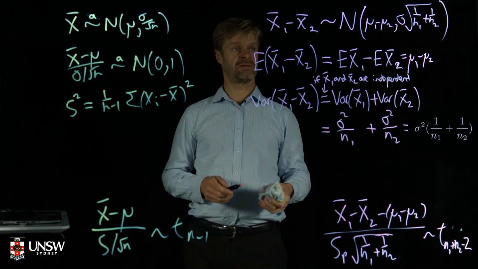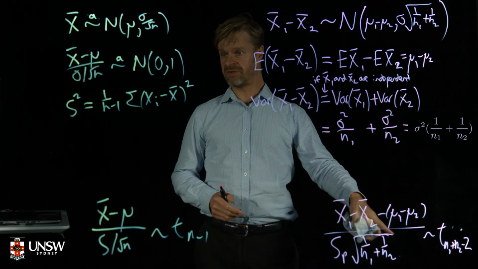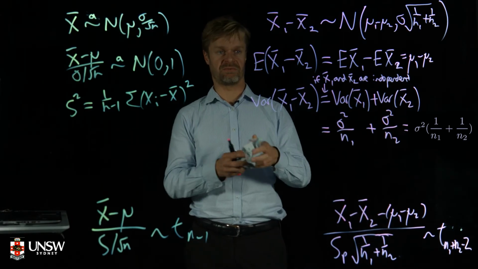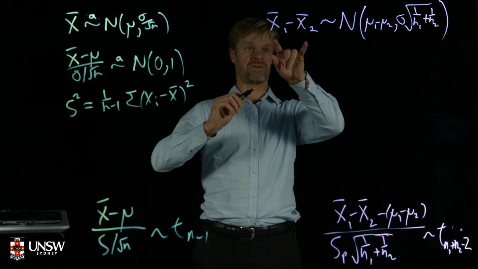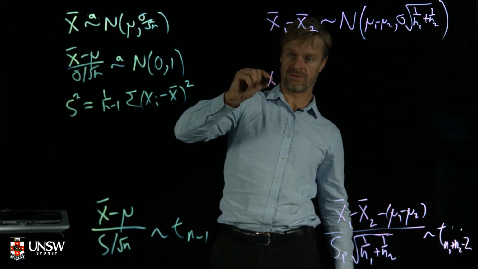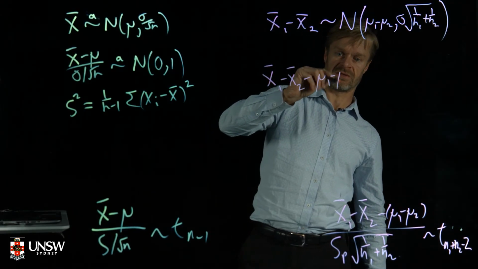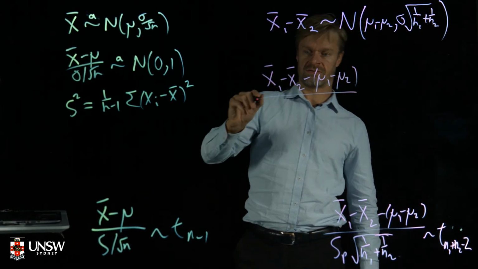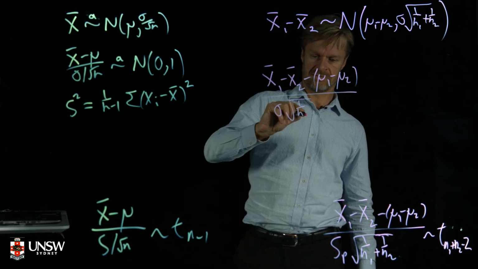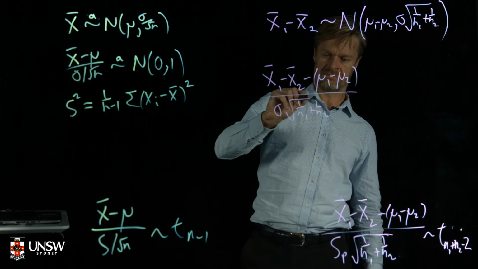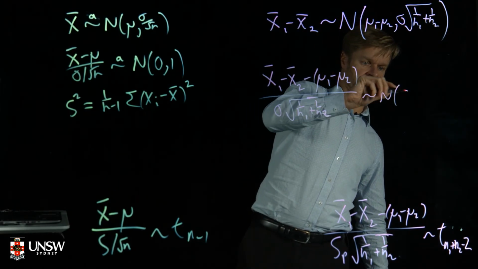So we got to this point. We're not quite at that point there. We can use the same arguments as before. So first of all, we standardize. So if sample mean difference has that form, then I can subtract off its mean, divide by its standard error, and that gives me a standard normal.